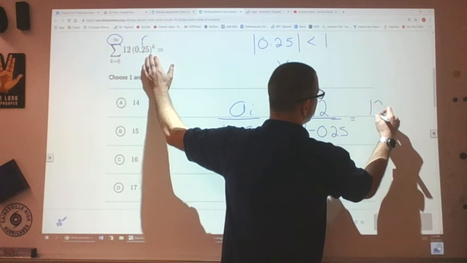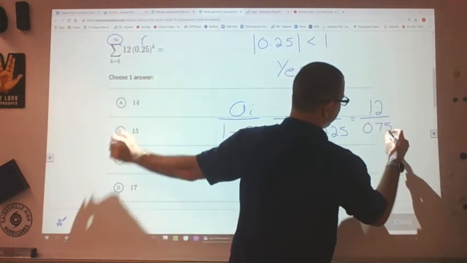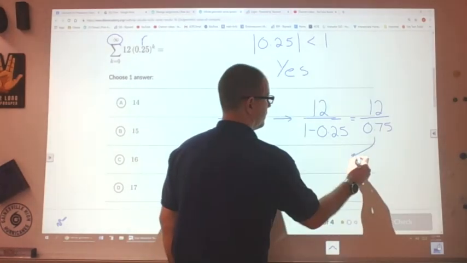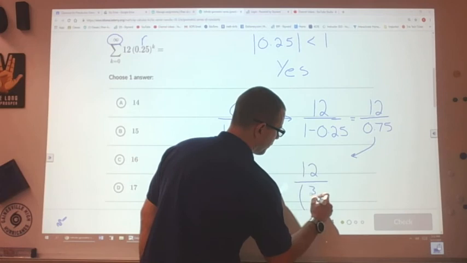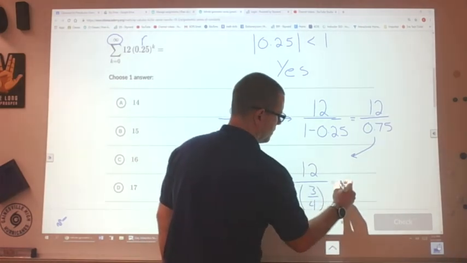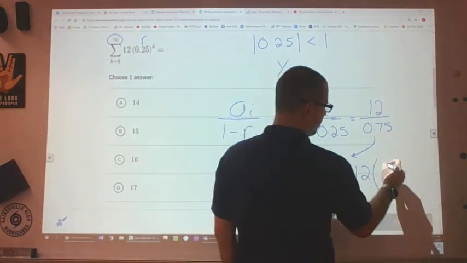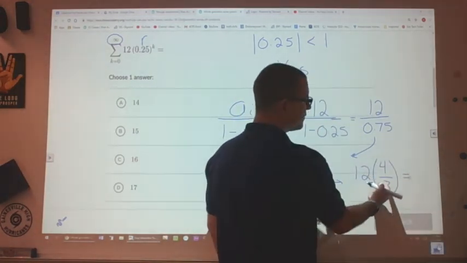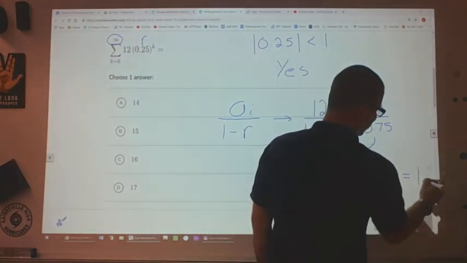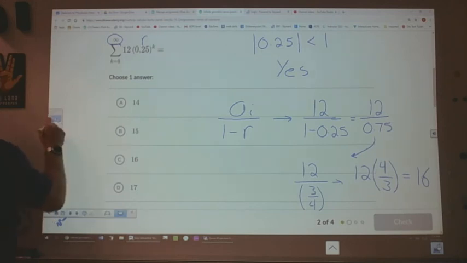So this is 12 over 0.75. That's 12 divided by 3/4. I don't want to leave it with a decimal. I want to simplify. So that's 12 times 4/3. 12 divided by 3 is 4, times 4 is 16. So the answer that we are looking for is 16.